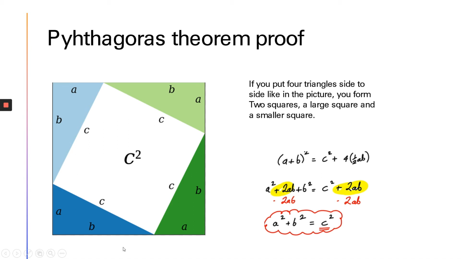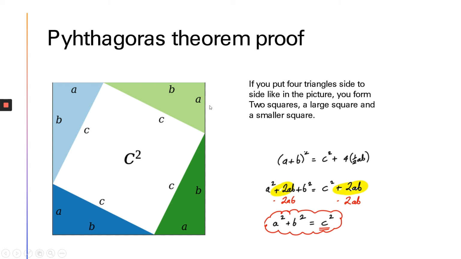So let's go back. A plus b times a plus b is a plus b squared. So a plus b squared is also equal to the area of this smaller square, c squared, plus the area of these four triangles.